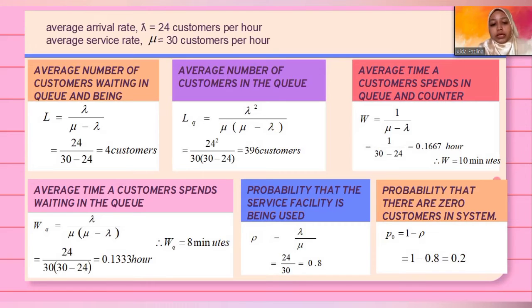Fifth, we calculate the probability that the service facility is being used by using the formula P equals lambda over mu, and the answer is 0.8. The last one, we calculate the probability that there are 0 customers in the system by using the formula 1 minus the probability that the service facility is being used. So the answer is 0.2.